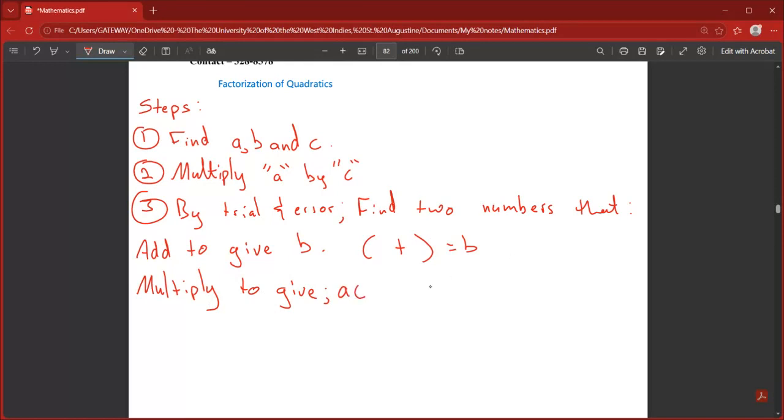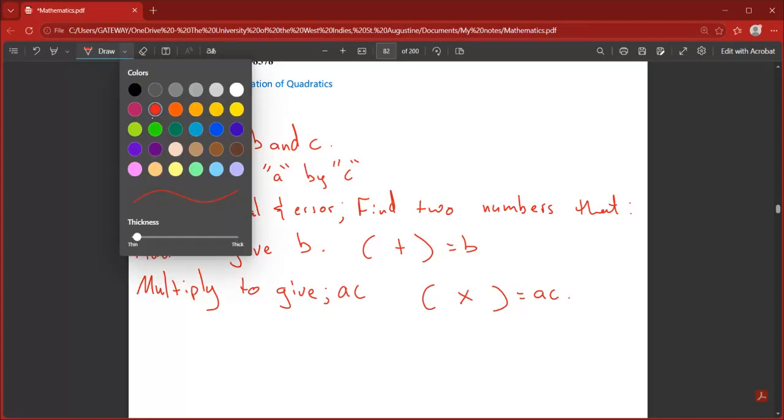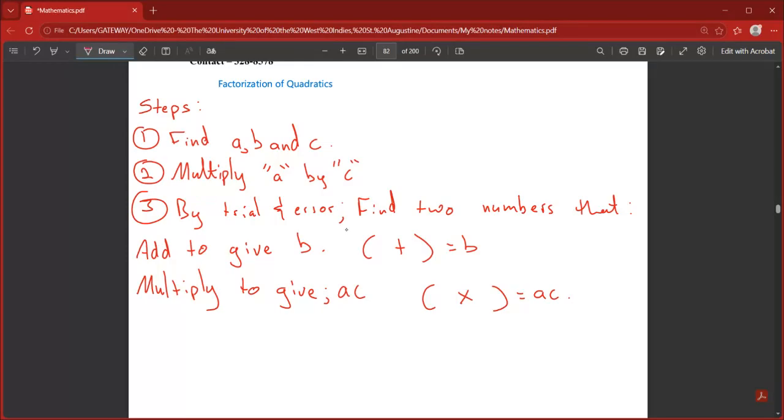So basically, you're looking for two numbers whose product is AC. Because remember in the previous step you had to multiply A and C. So that is the purpose of doing that, right? So this step here is very important. You don't have to write all these steps when you're doing these questions. But this step here is very important to note, right?